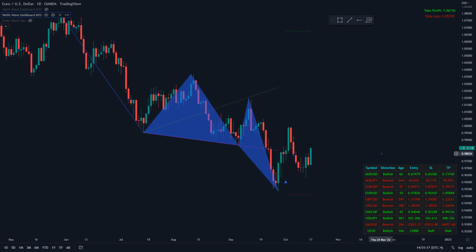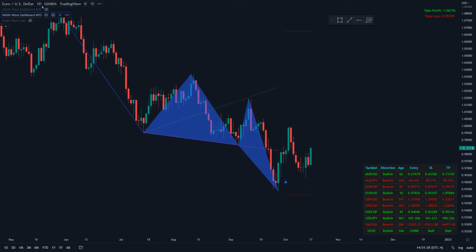And what it is showing is the Wolfe Waves that are forming on these commodities or pairs, stocks. It will show you how recent the most recent pattern has formed on whatever time frame you have.